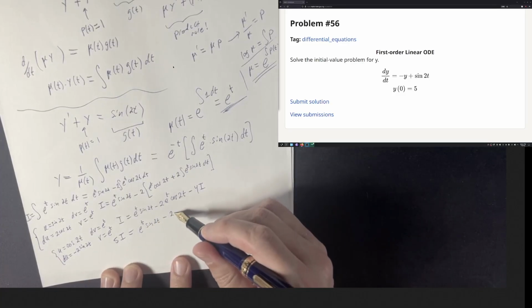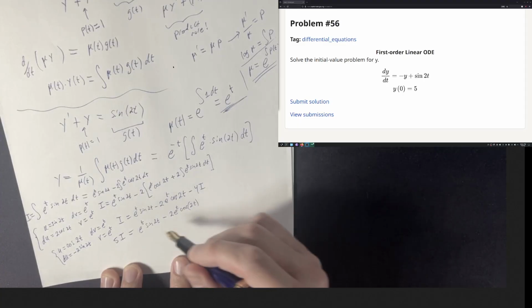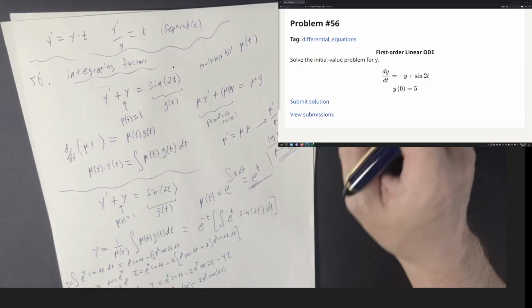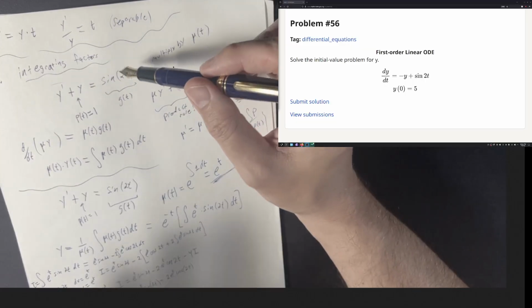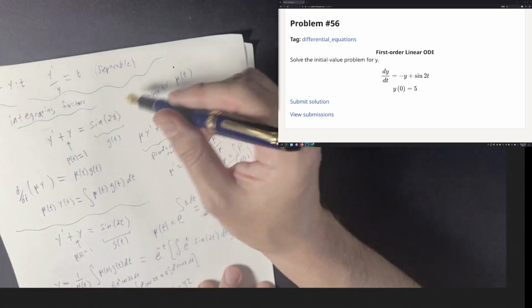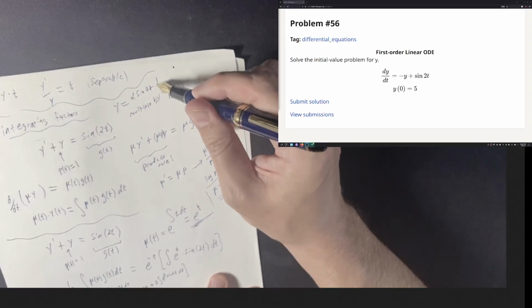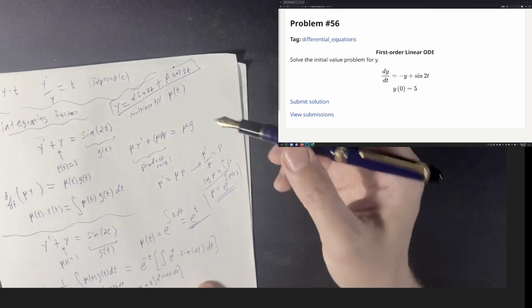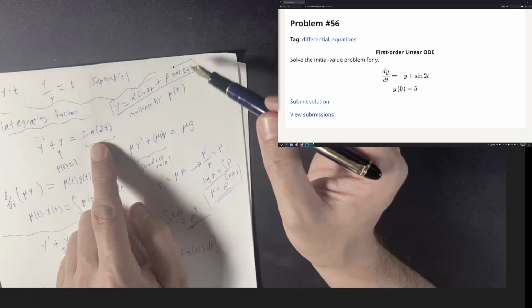And this is correct. The reason I know it's correct is I did this earlier, another time, where I assumed that the answer would be like alpha sine 2t plus beta cosine 2t. You should maybe know that when you differentiate sine, you get cosine, and differentiate cosine, you get sine.